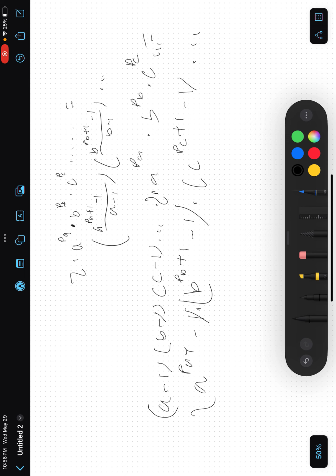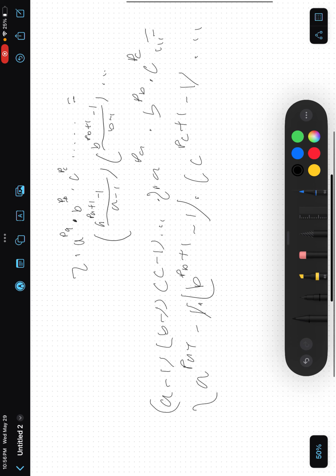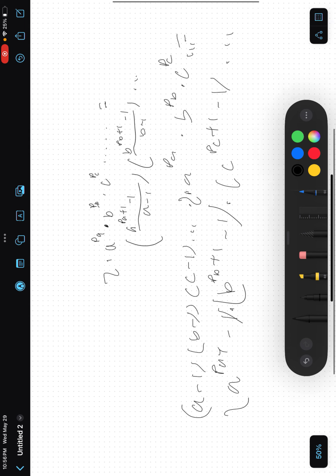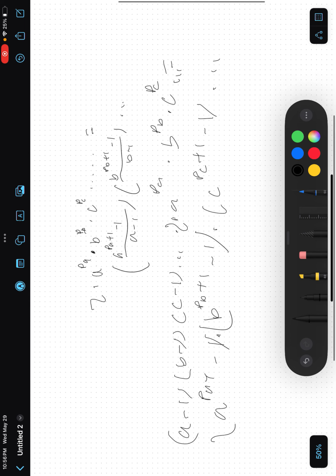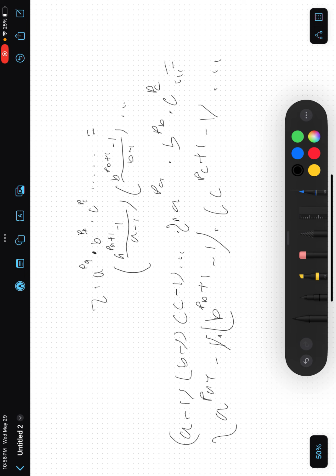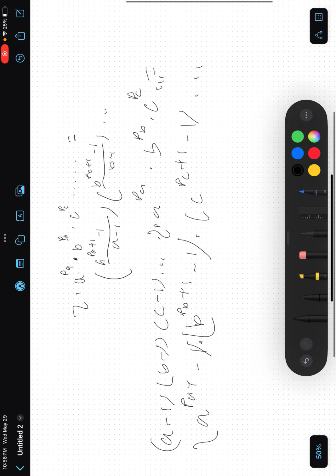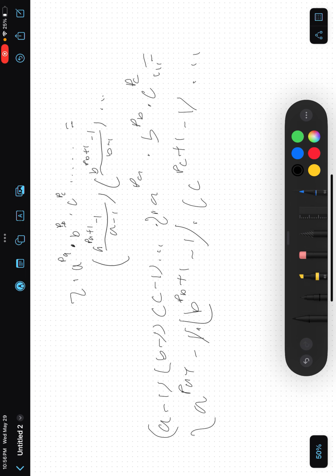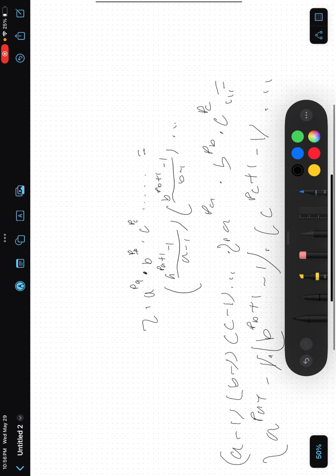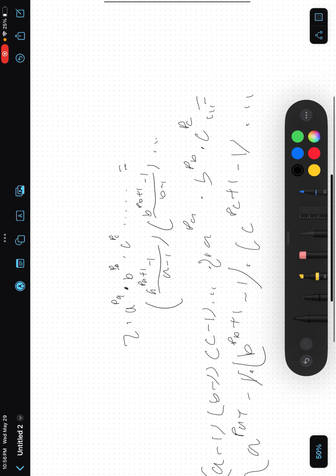Because all we're proving is that those factors aren't equal to this, which we could already tell. So what do we do here then?